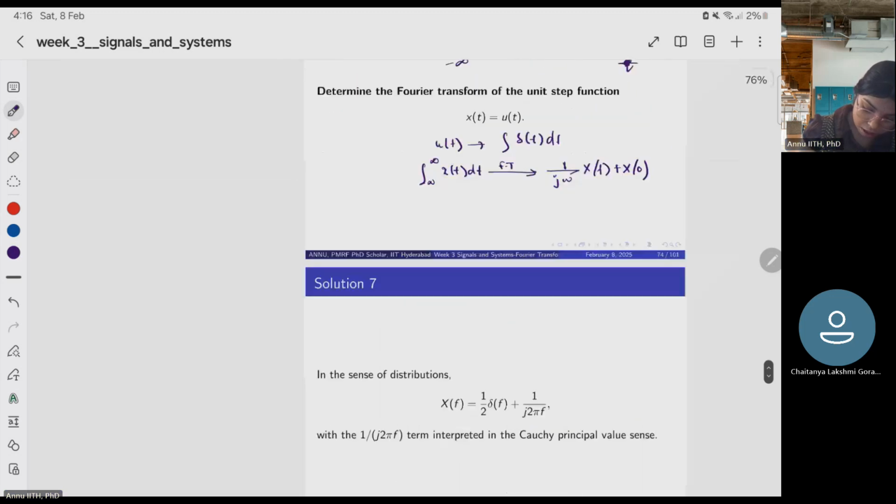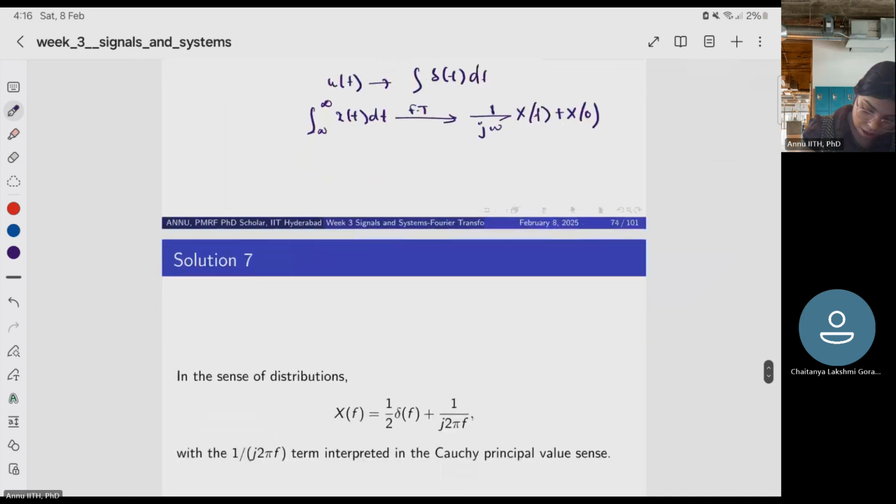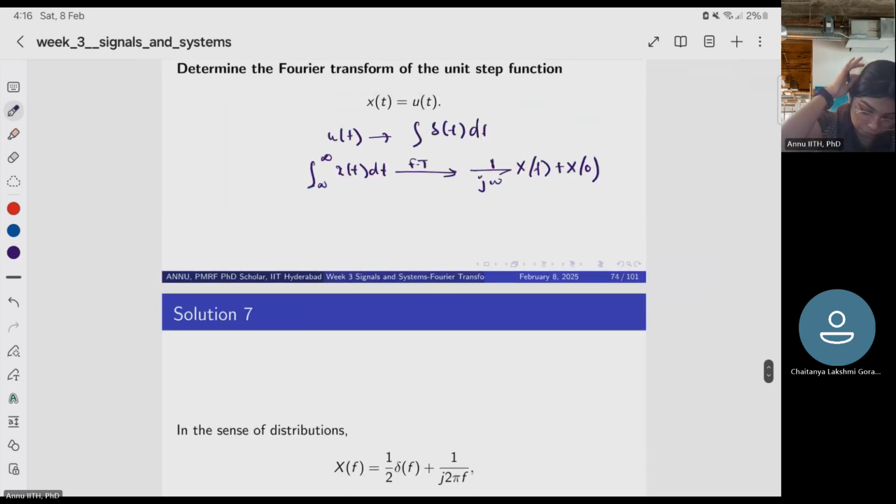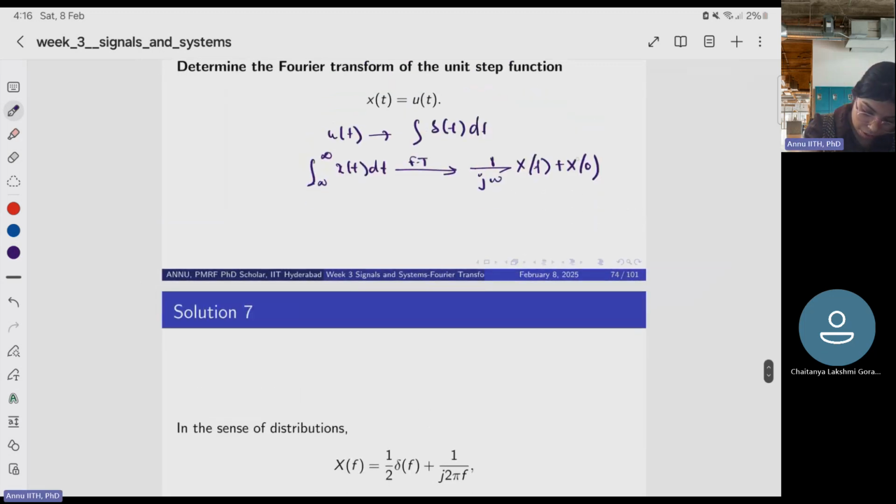So it's 1 by 2 X(0), I guess. Some formula is there, X(f). So x(t) is nothing but delta t here.